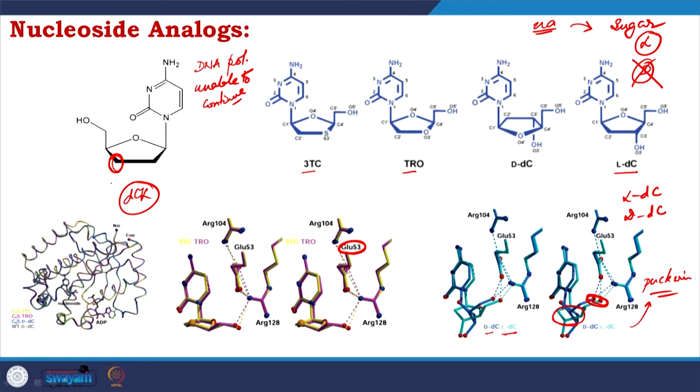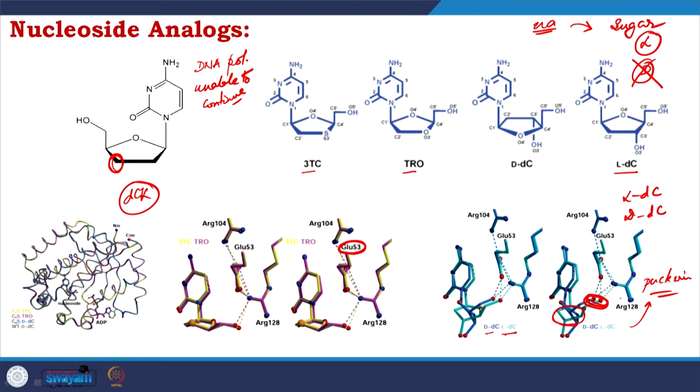But the more surprising or more exciting fact is the comparison of L-deoxycytidine and D-deoxycytidine, as it is actually a comparison of apple to apple. This is clearly showing that there is a huge rotation here, and this huge rotation ultimately brought both hydroxyl groups in nearly the same position.